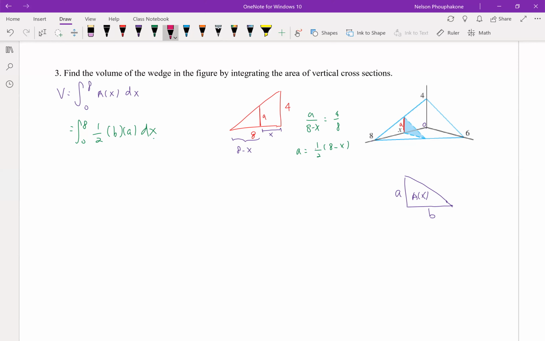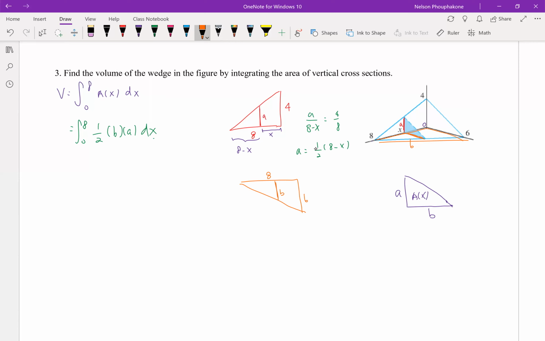Okay, well, then I actually found a. Similarly for b. Let me use a different color. If this is b right here, then I need to work with this triangle right here. So this is 6, this is 8 right here, and of course this is b.